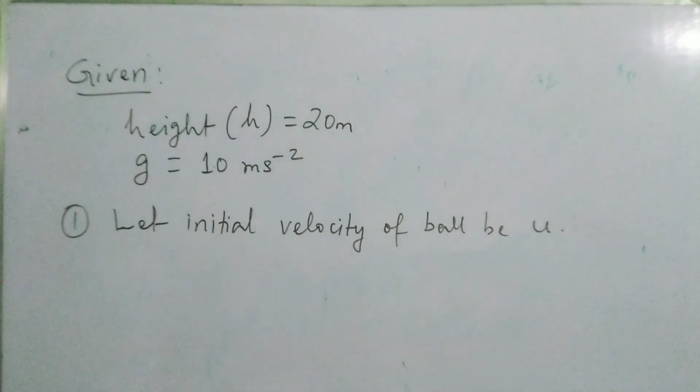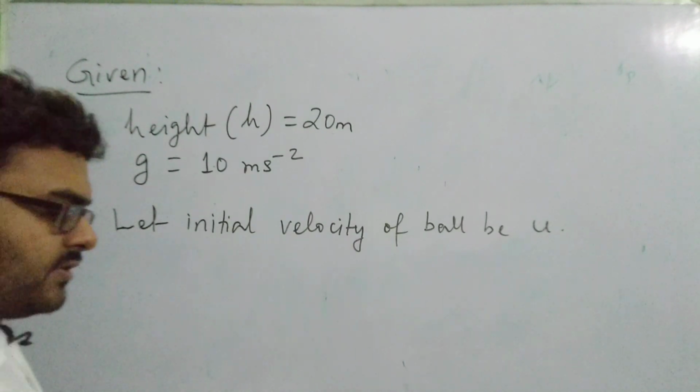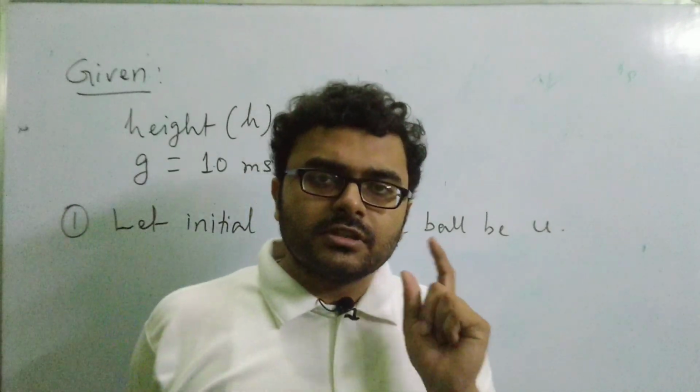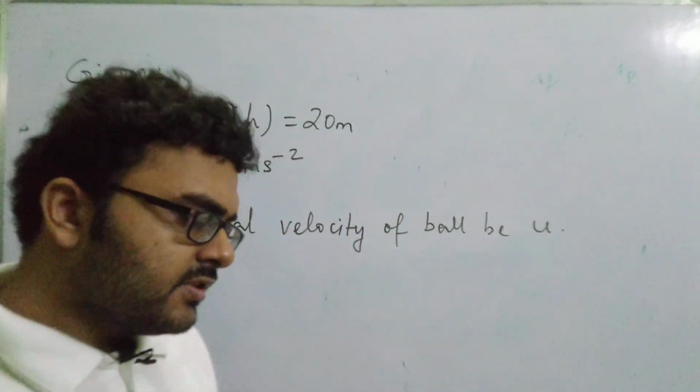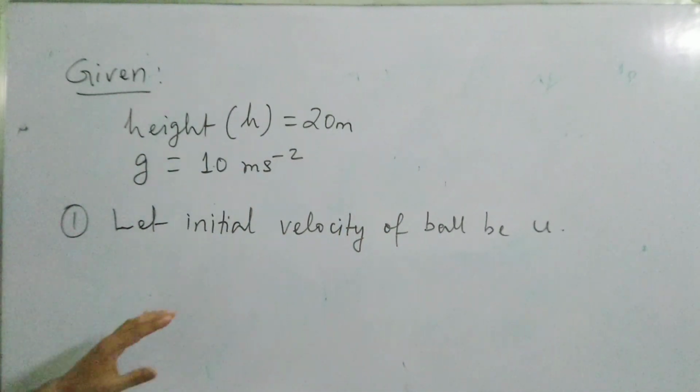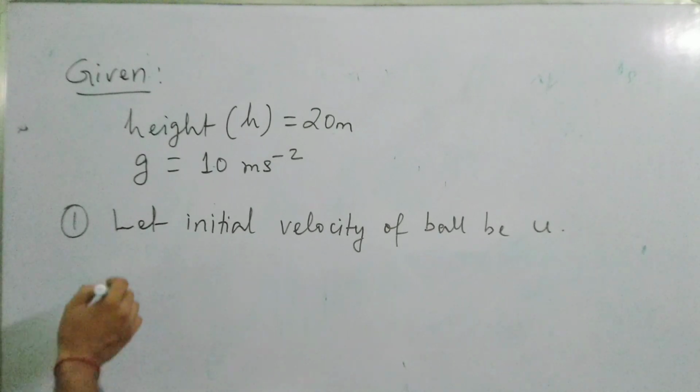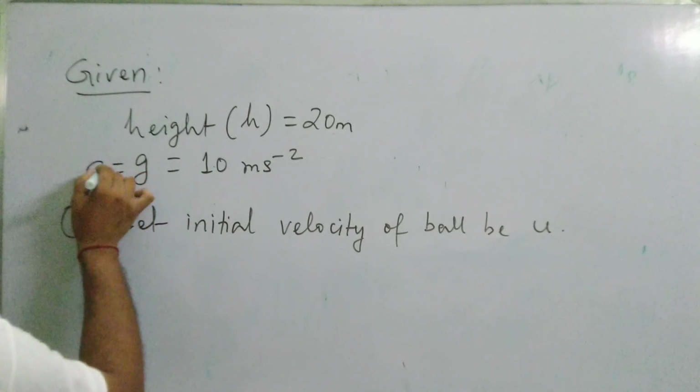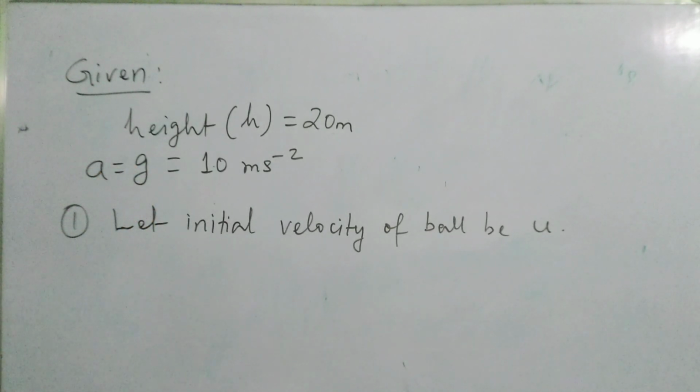If it is u, then when it reaches the topmost height, what happens? The velocity of the ball comes to rest, isn't it? At the topmost height, the final velocity during the upward journey becomes 0. The acceleration due to gravity is the a in the equation, and the height is 20 meters.